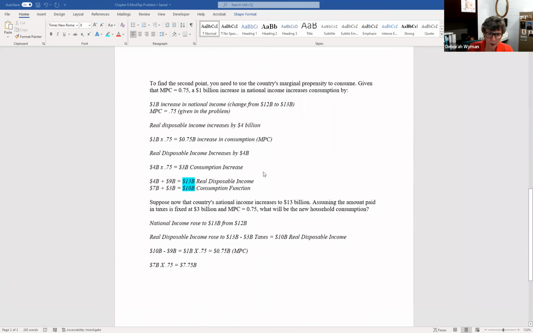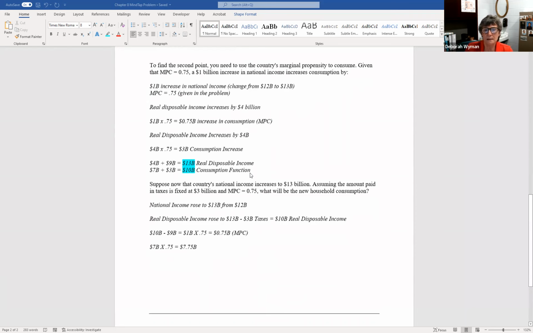Now, the next part of the problem says, suppose the country's national income increases to 13 billion, assuming the amount paid in taxes is fixed at 3 billion and MPC equals 0.75. What will be the new household consumption?